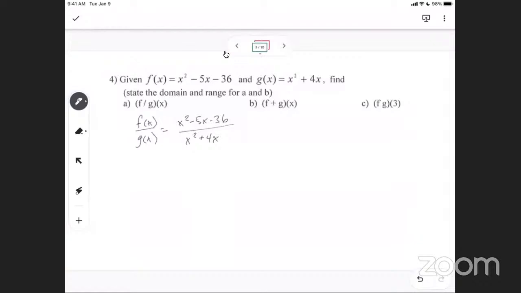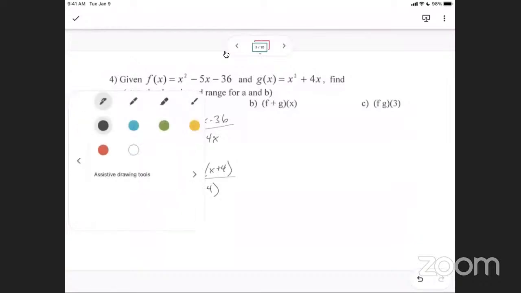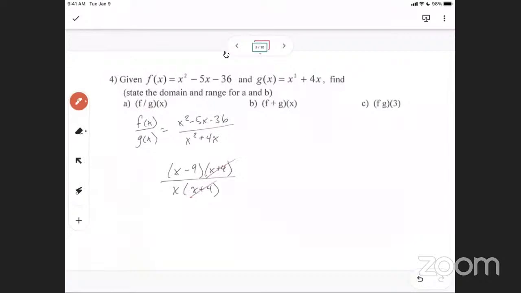So x minus 9, x plus 4, right? Factoring, and factor out an x from the denominator and you get x plus 4. So what's going to happen here is that x plus 4 is going to cancel out, but when you do that, you still have to write the restricted domain, that x does not equal -4.